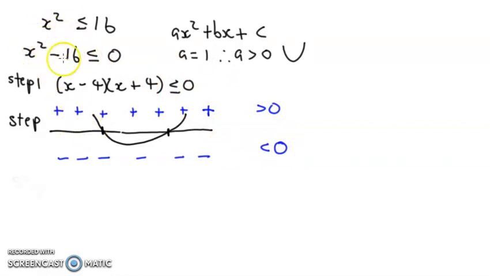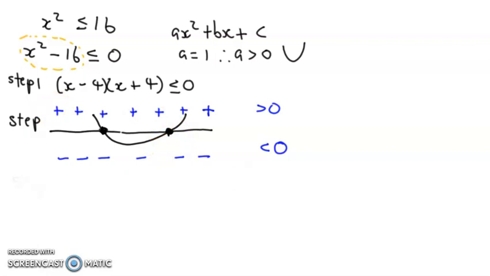Okay, so now we want to choose the region in which this graph is less than 0. We want a region where x squared minus 16 is less than or equal to 0. Because we have this inequality here, we have to put a solid dot here and here.